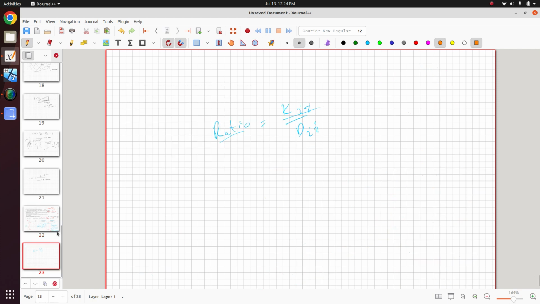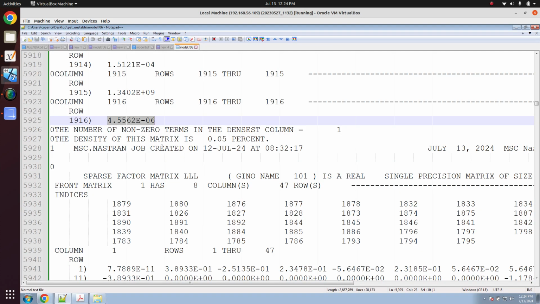So I back calculated what DII is. DII is equal to KII over the ratio. And then I was expecting 4.55 e -6. So then when I use Nastran to actually output the diagonal value, I actually get 4.55 e -6.